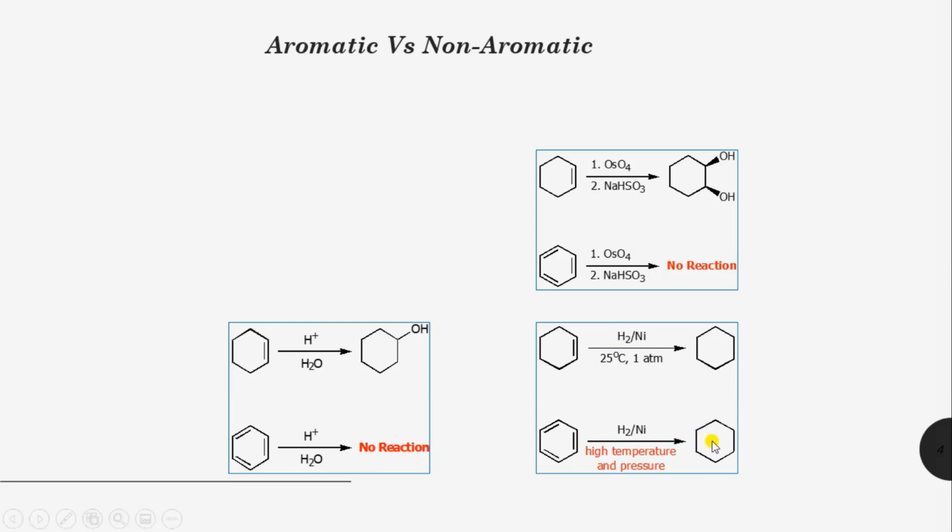Actually, benzene can undergo the addition reactions, but for that you need some very high temperature and a very extraordinarily high pressure. So benzene can undergo the addition reaction under a very special condition.